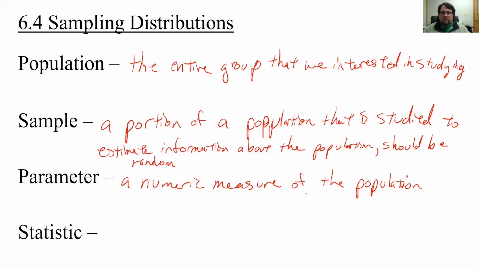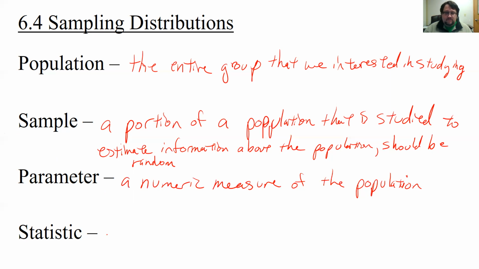So the most obvious one would be some mean value of the whole population. So if I'm doing that dogs in the humane society situation, what's the average number of dogs they have on any given day? There is some true average, and that would be the population parameter. But if we just sampled and figured out that average, that would be the statistic.